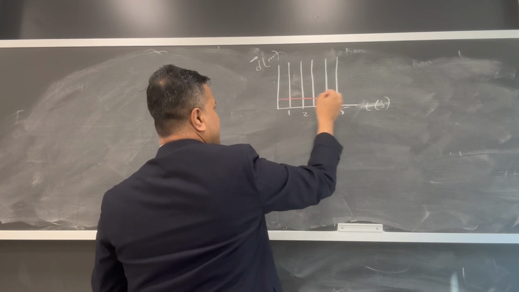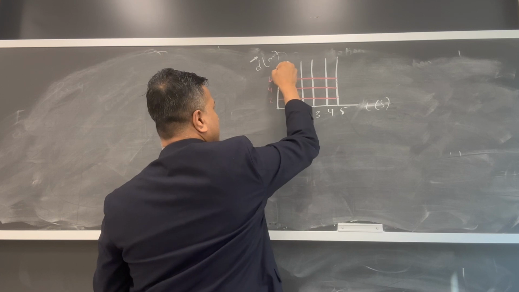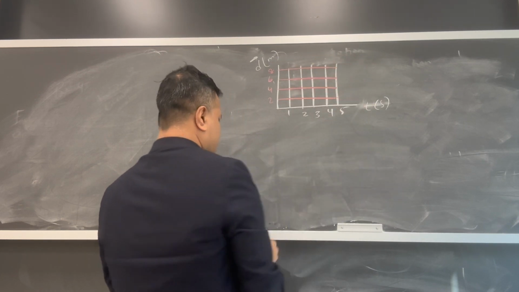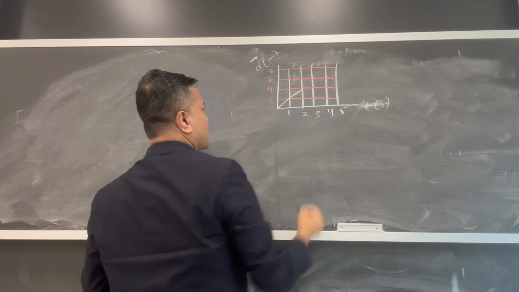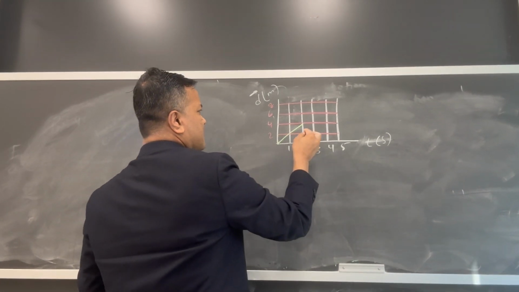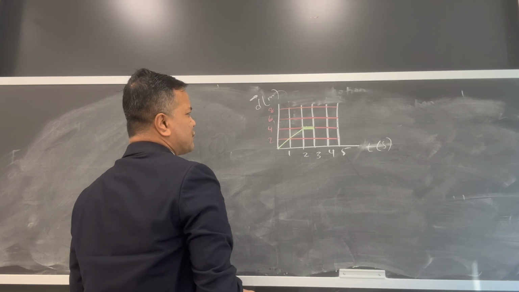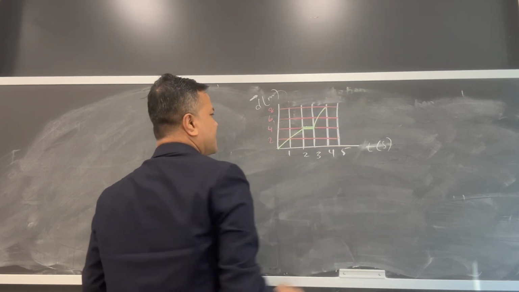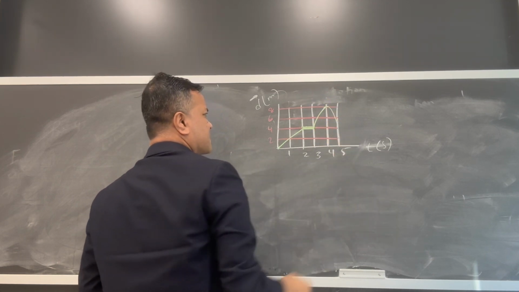The displacement is 2 meters, 4 meters, 6 meters, and 8 meters. This is what is going on: from 0 to 2 seconds, it moves with velocity v. From 2 to 3 seconds, it moves with velocity 0. From 3 to 4 seconds, it moves with acceleration a, and from 4 to 5 seconds it moves with acceleration negative a.